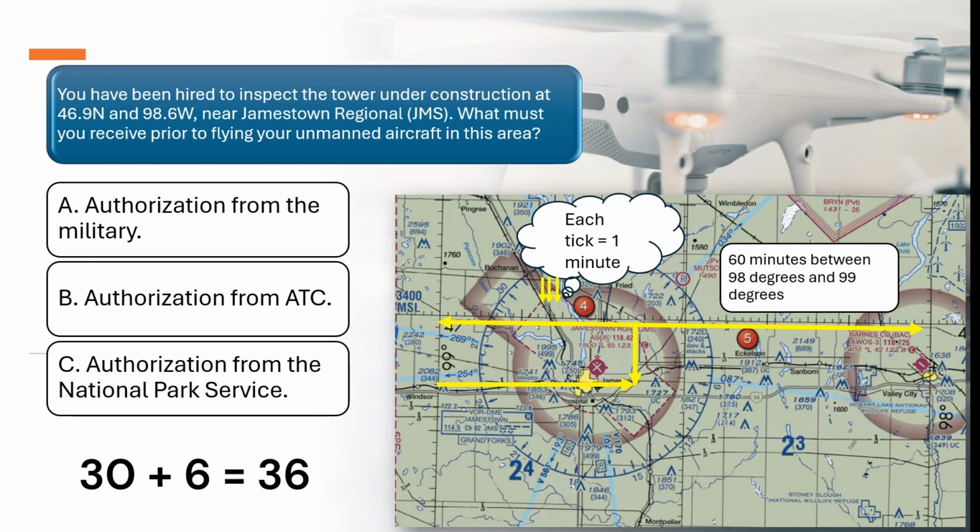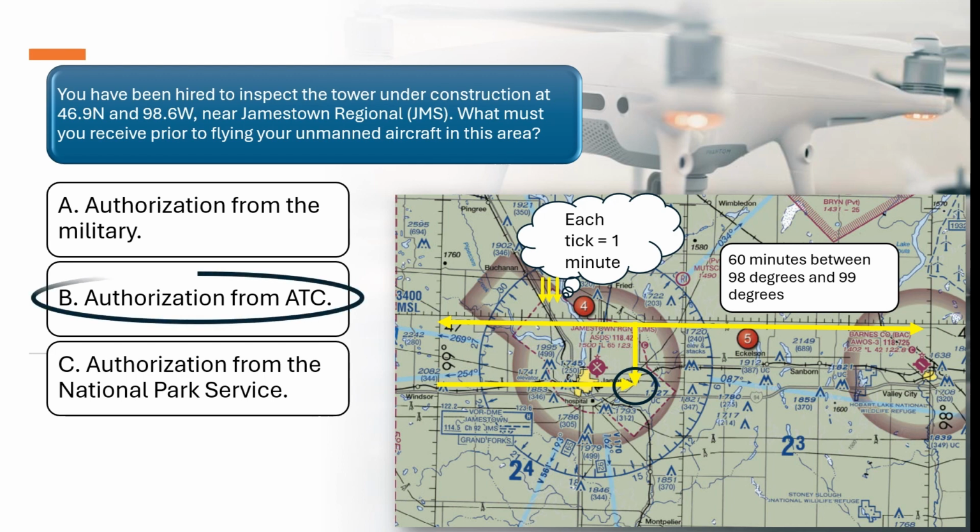Then just count 6 tick marks to the left of the midpoint between 98 degrees and 99 degrees west longitude, since that is the 30-minute line. We know the tower under construction is somewhere in the circle on the chart. Since the tower is in Class E airspace, prior authorization from ATC would be required in order to operate a drone in this area.